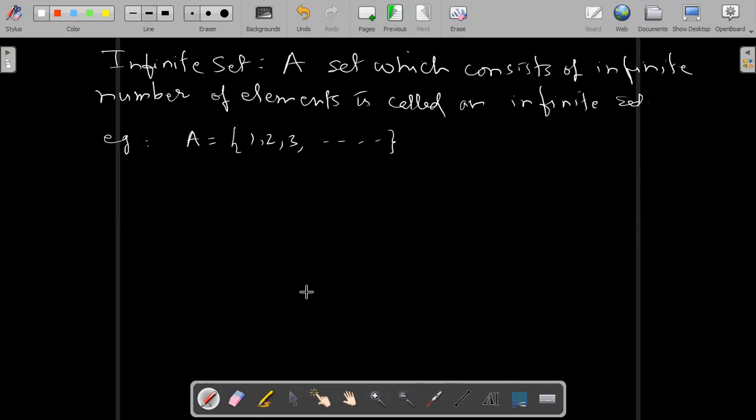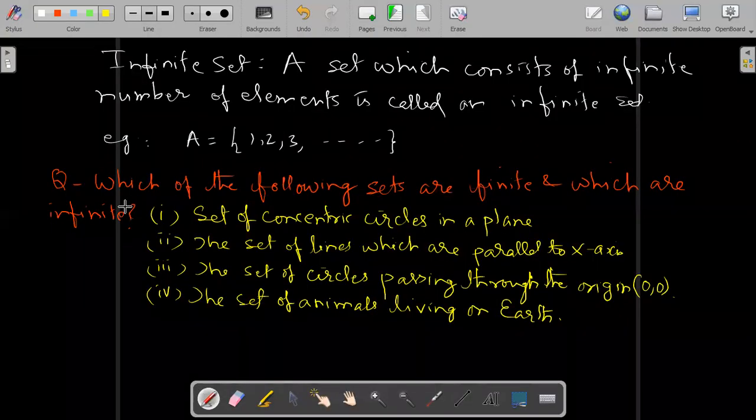And now we have the question. We have to find which of the following are finite and which are infinite sets. So, set of concentric circles. Is it finite or infinite? Correct, infinite.